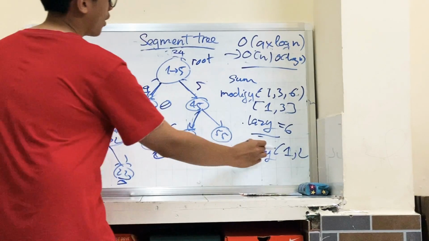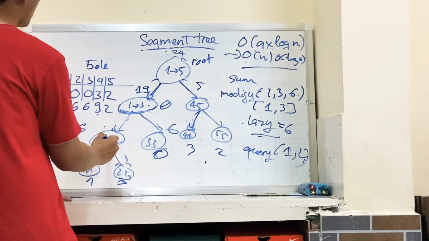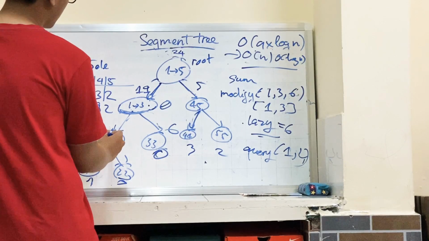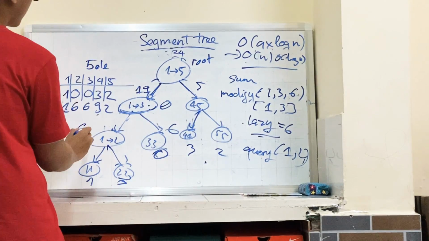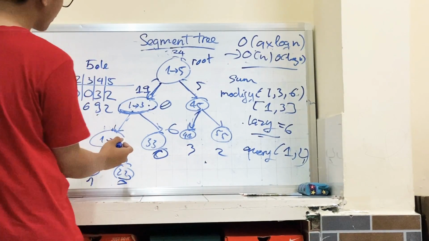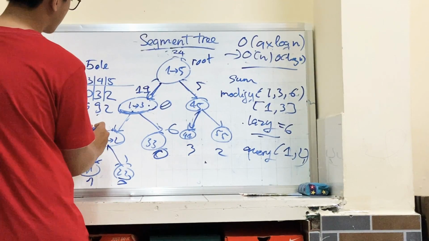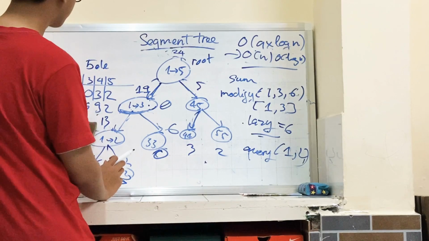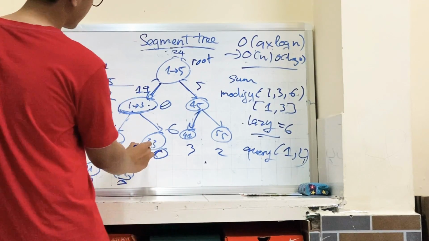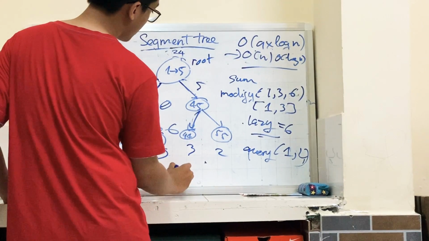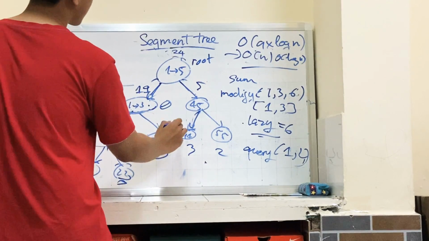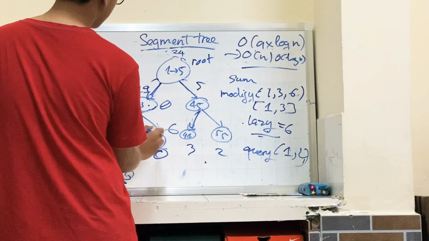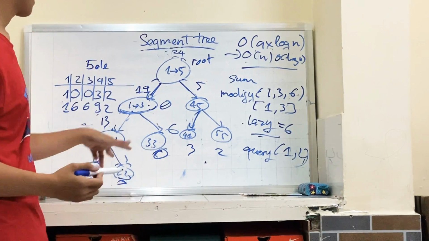When you visit the nodes, you push the lazy value to the actual values of the nodes. So it will be 6 times 2 plus 1, it will become 13. And because this holds only one value, 3, with 6 times 1 plus 0, it becomes 6, and then 13 and 6, it's 19, it's correct.